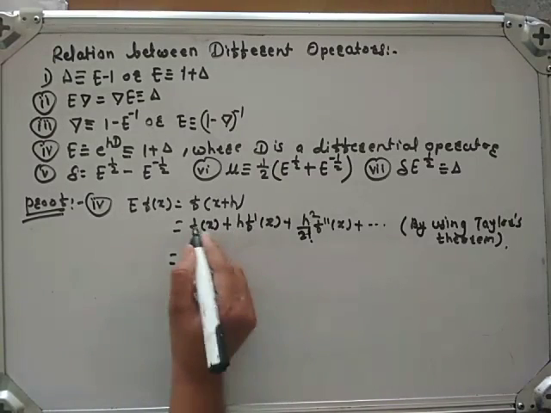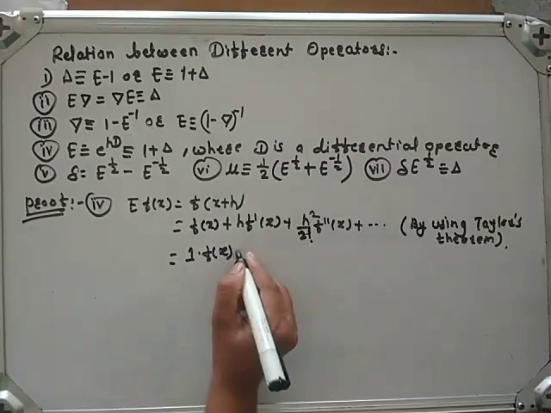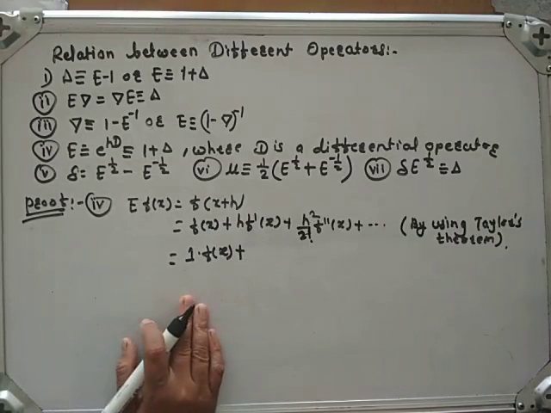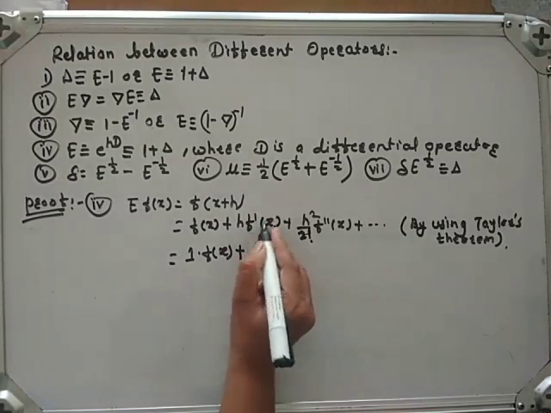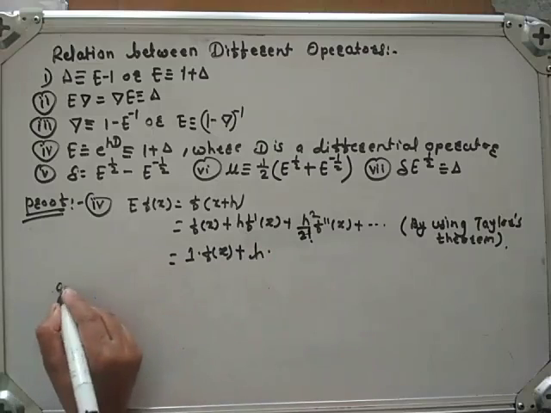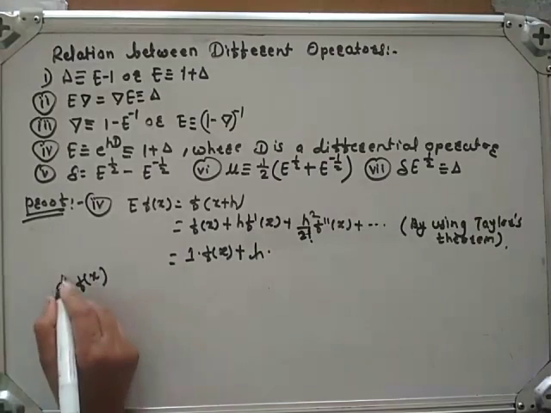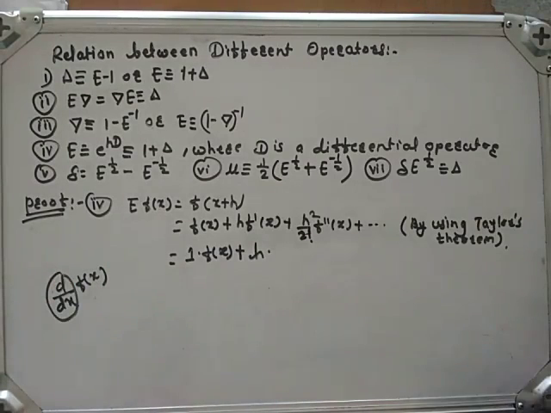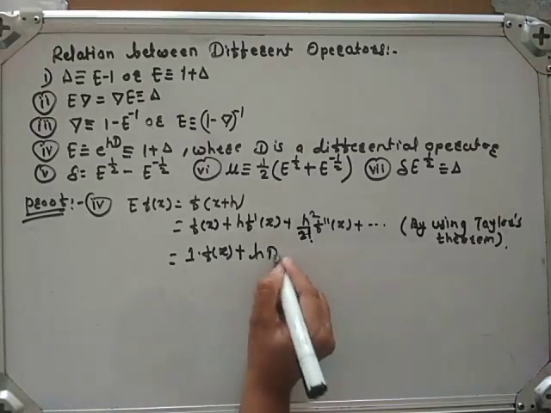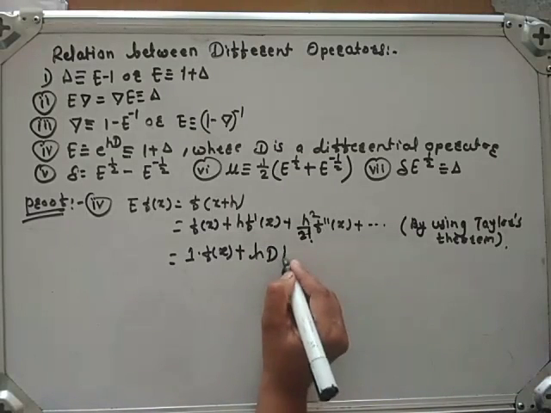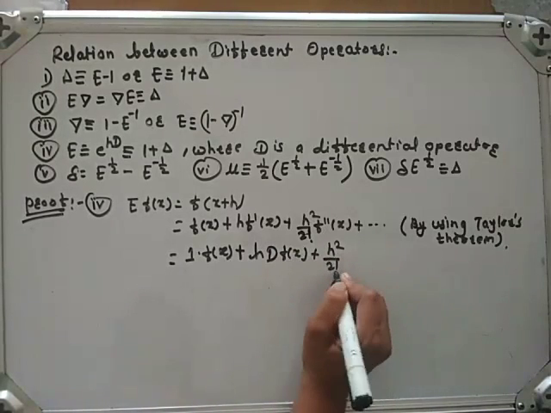Here this is 1 into f of x plus h into f dash of x, which is nothing but dy dx of f of x, and we know that dy dx is capital D. So here we write D of f of x plus h square upon 2 factorial as it is.